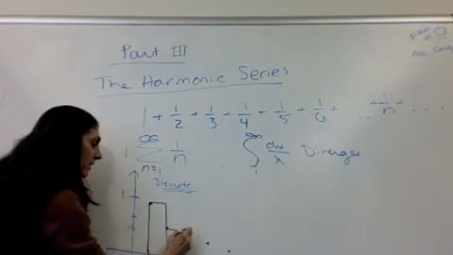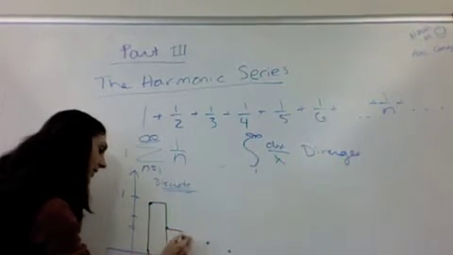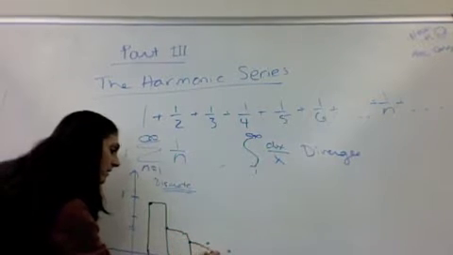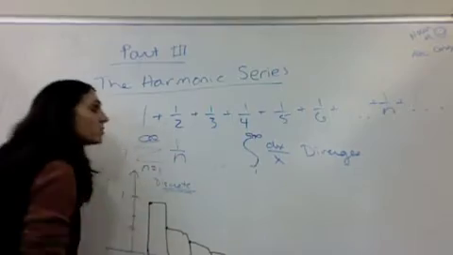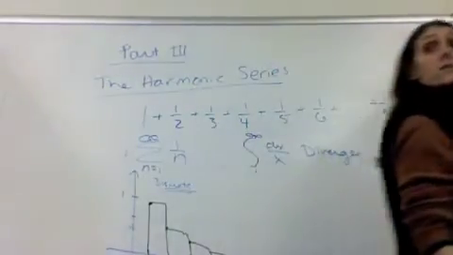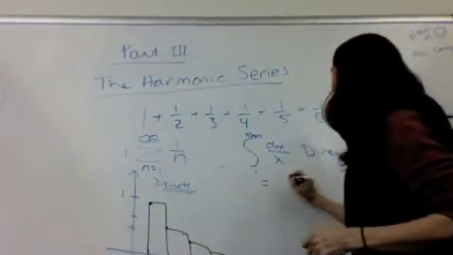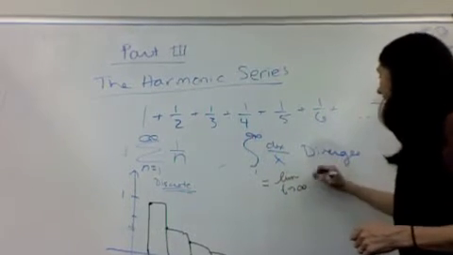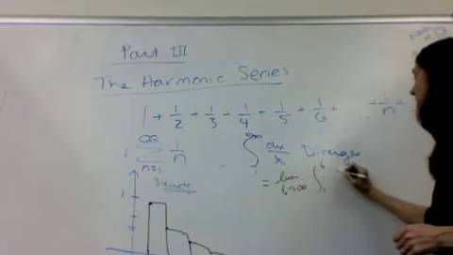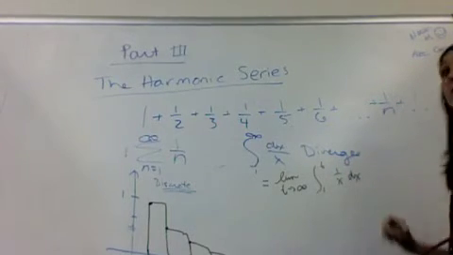Ms. Jenkins, how do we prove that integral again? So you get ln x, right? You take the limit as t goes to infinity of the integral from 1 to t of 1 over x dx.